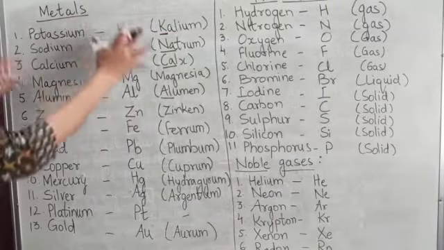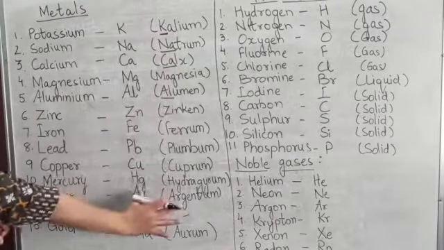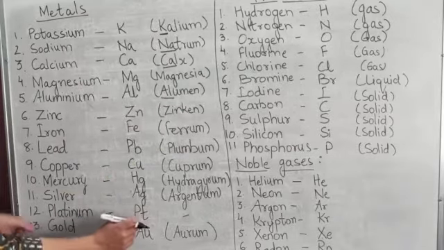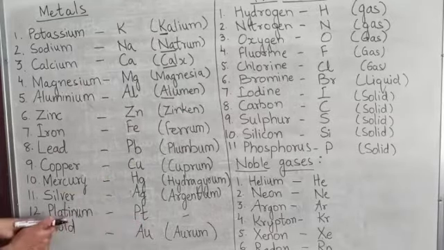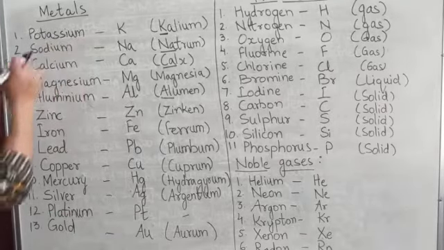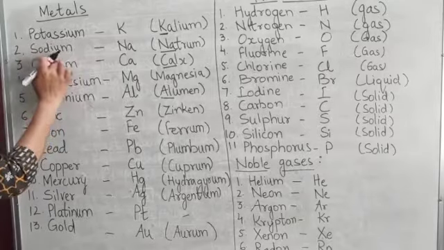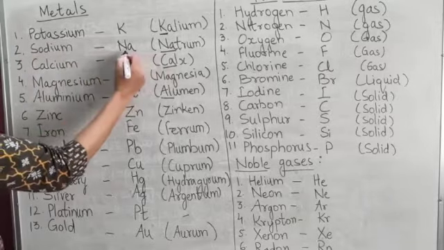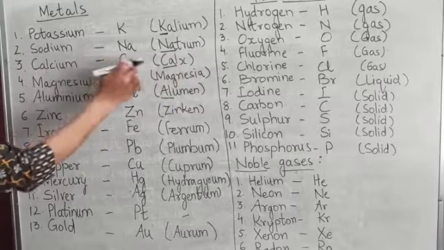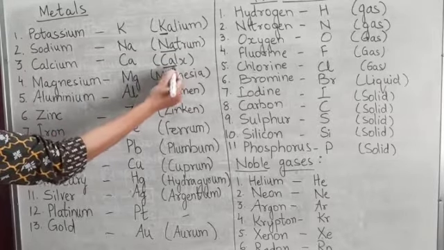Now all these elements have Latin names, except for platinum. Platinum, Pt, is derived from its original name only. Here you can see potassium K, then sodium Na, derived from natrum, first two letters. Then calcium, from calx, Ca.